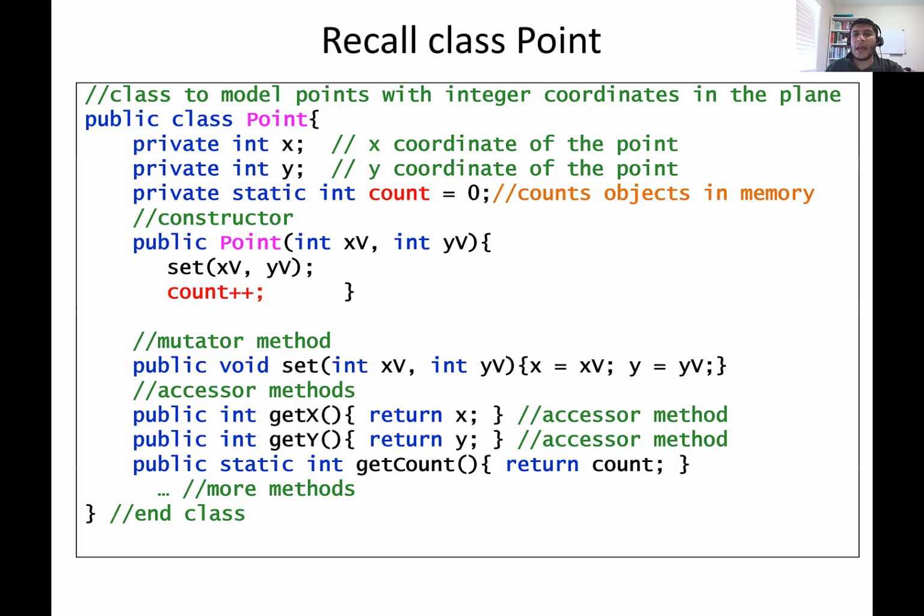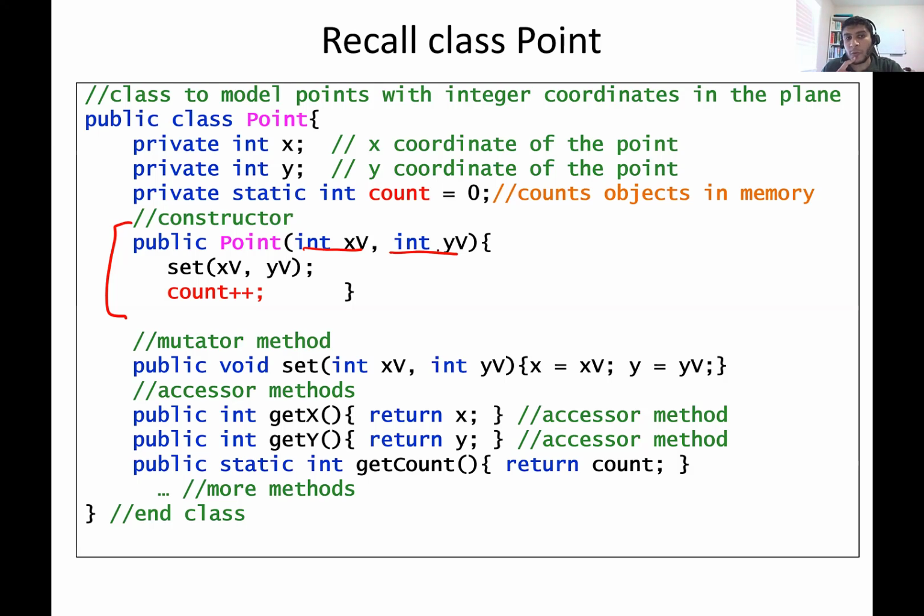Okay, so good. Now let's revisit our Point class, the one that we had from last time. Again, we had 2 instance fields, the Cartesian coordinates x and y. We also had a static variable count that counts how many objects are created. And we have the constructor that takes 2 input parameters and sets the values of x and y accordingly.